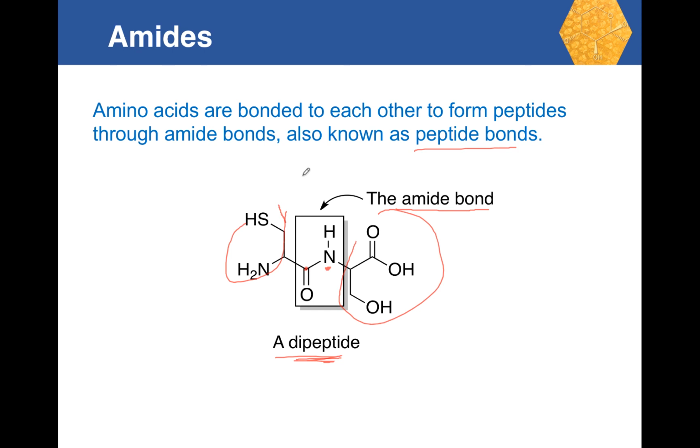But the main aspect here is this is the amide bond, which is also called a peptide bond in biology, which is used to bond 2 amino acids to form peptides. As you can imagine, a longer peptide would have many peptide bonds to it.